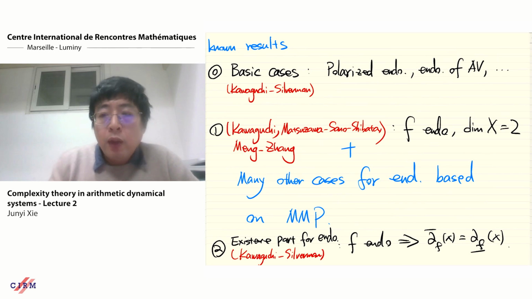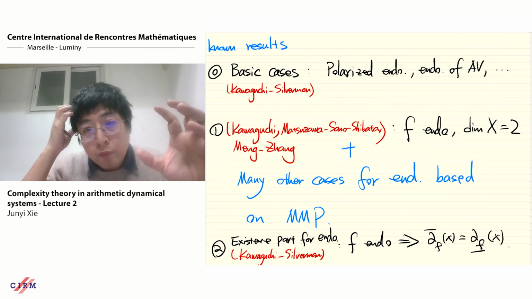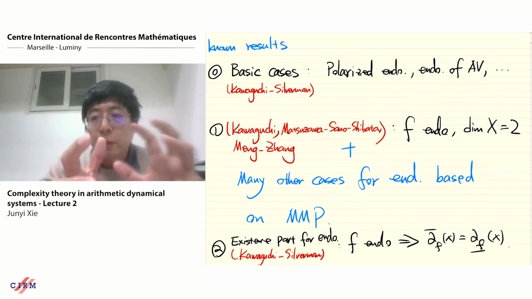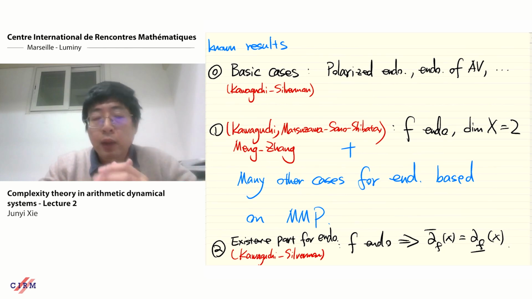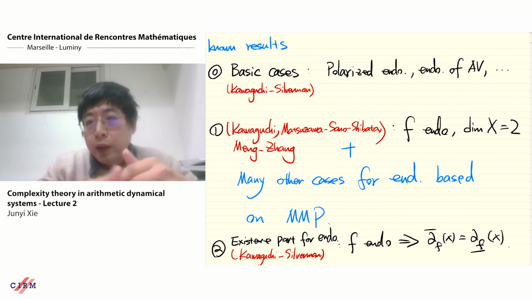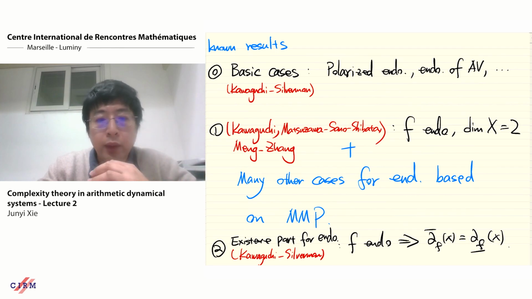I think for all these, the arguments are not that complicated, and you can do it in a quite concrete way. Basically all these cases are already contained in the paper where Kawaguchi and Silverman defined this arithmetic degree. This is the basic case.